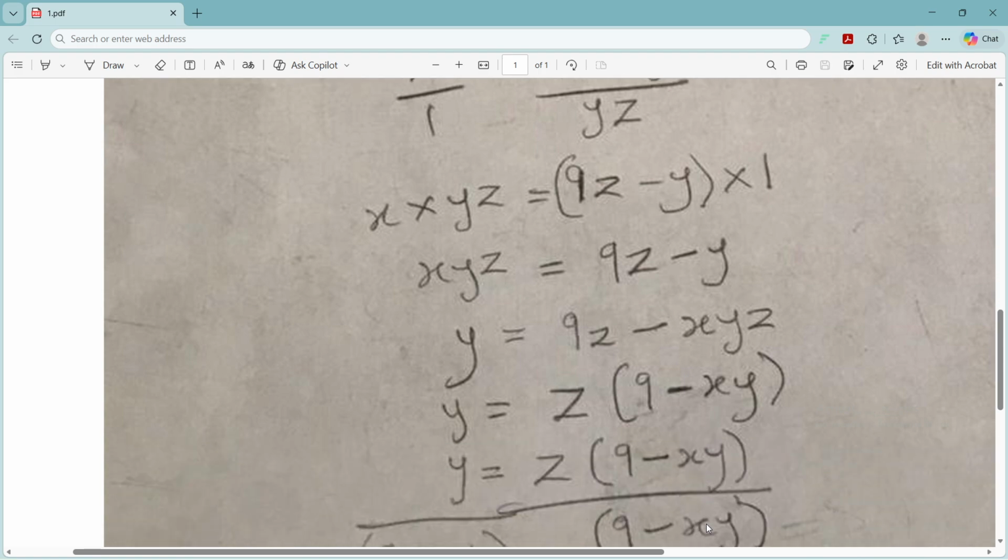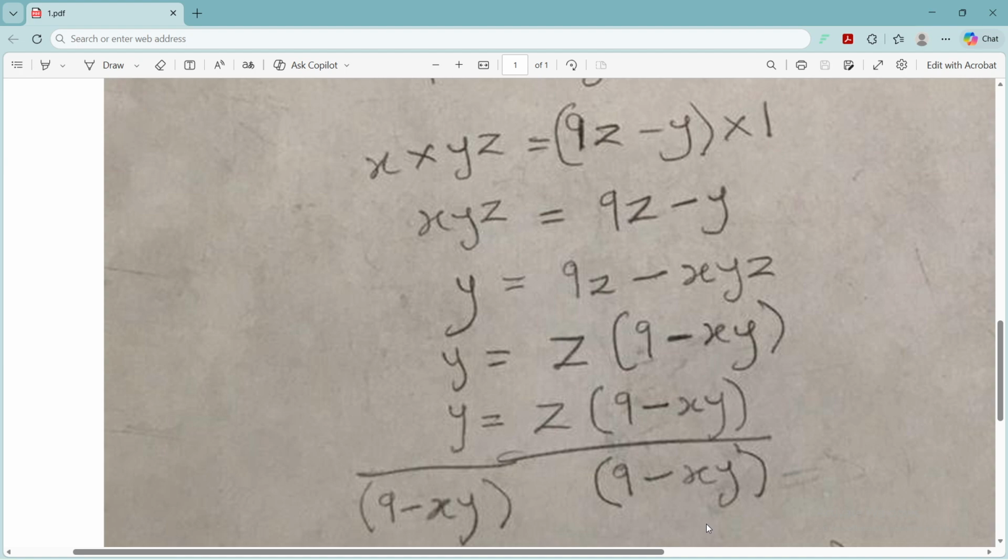So we are going to have our new equation to be the fraction y divided by, or in brackets, 9 minus xy equals the fraction z multiplied by, or in brackets, 9 minus xy divided by, or in brackets, 9 minus xy, right? So we do some cancellations.